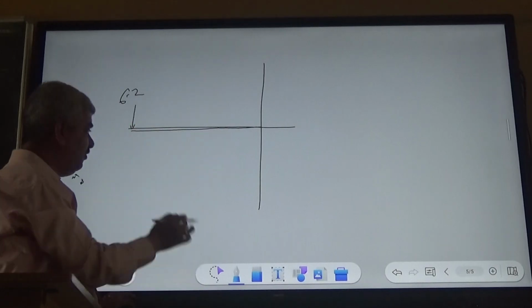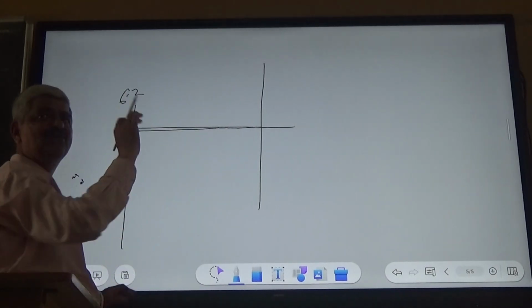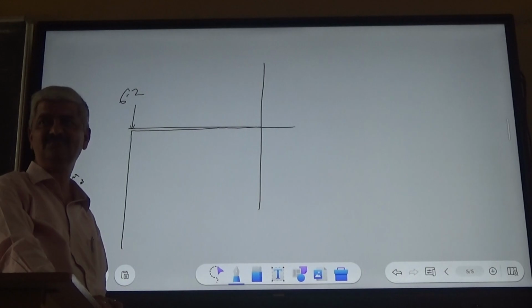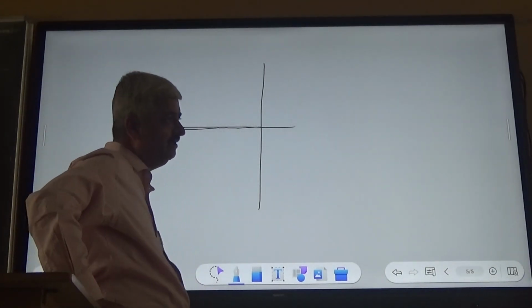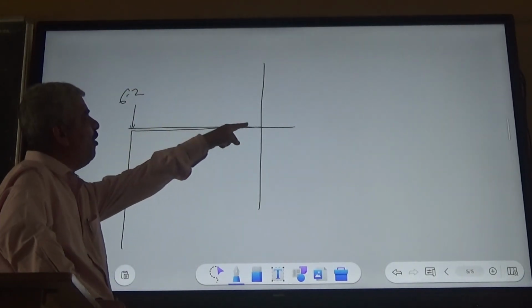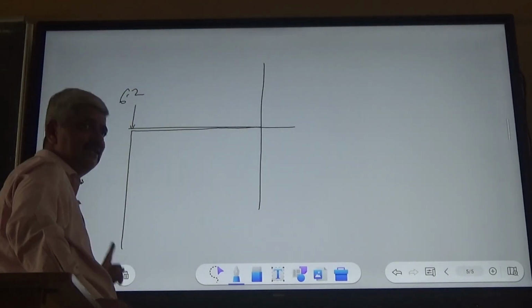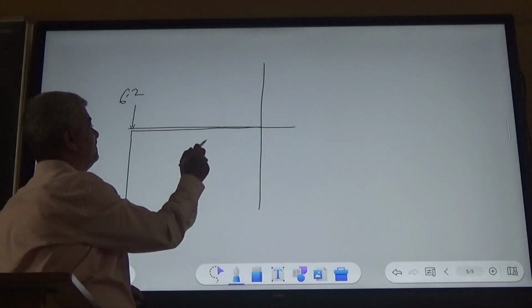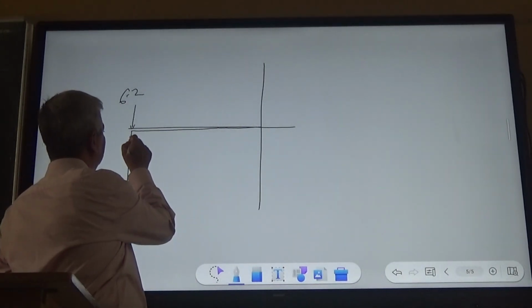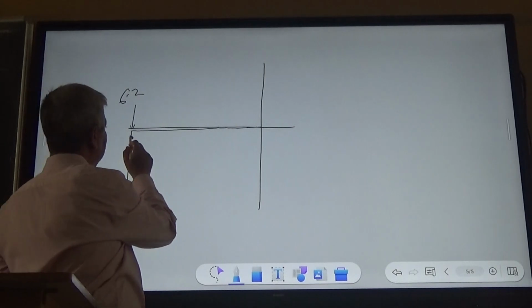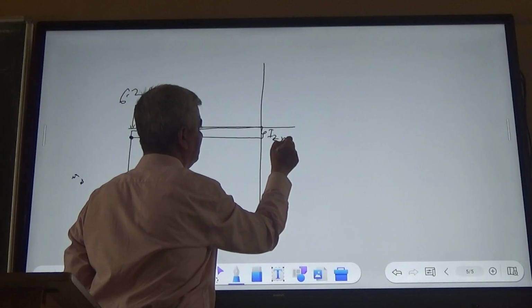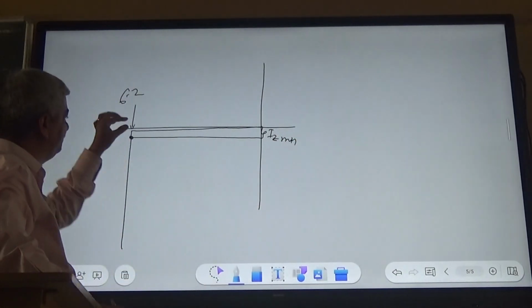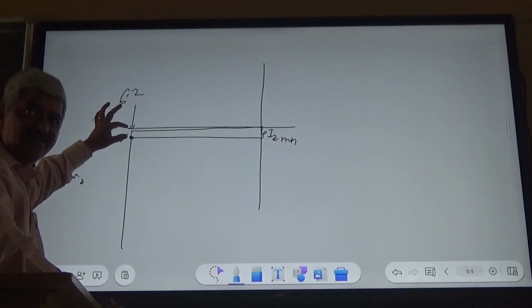Immediately at 6.2 it becomes as good as vertical. The Zener diode provides a characteristic almost horizontal and then immediately vertical. This is called IZ min, which means if this much reverse biased current is flowing, then the Zener is ensured to be broken down.